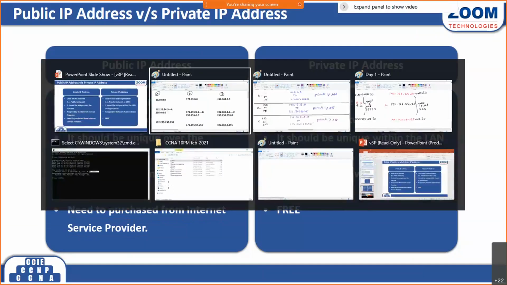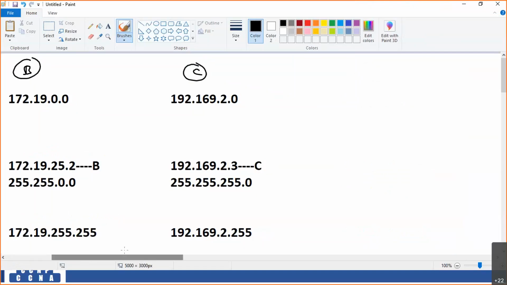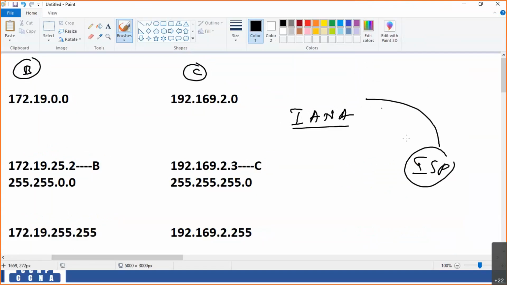Whatever the other internet service providers are using as IP addresses, they will pay and use. Yes, of course, you have to pay. All public IP addresses are provided by IANA to service providers. From service providers, customers purchase them. Service providers purchase from IANA.